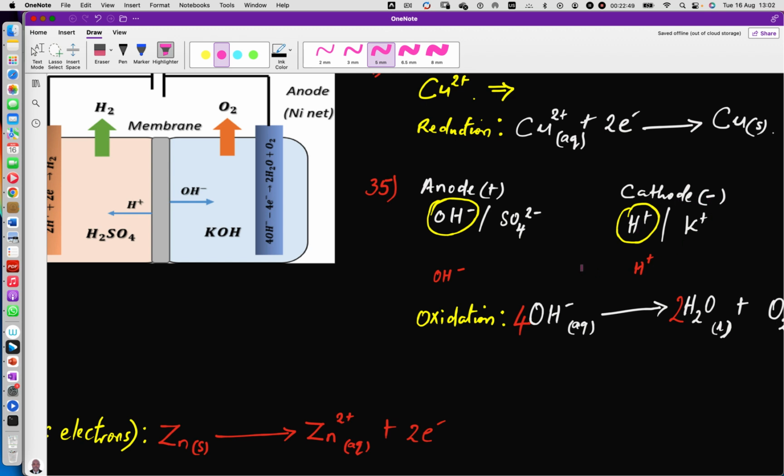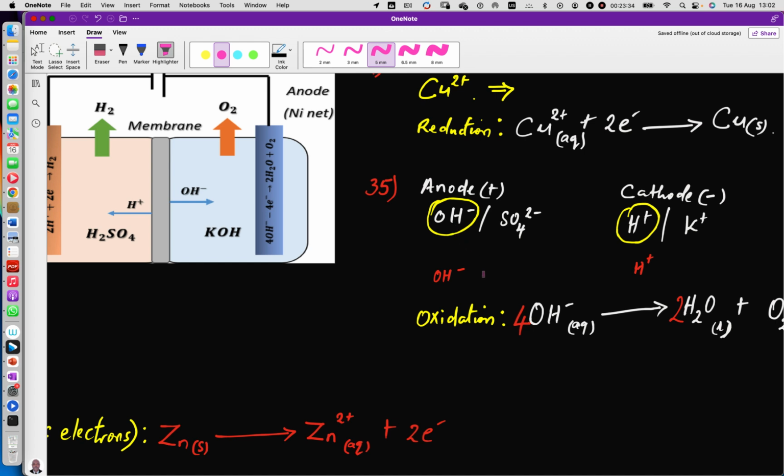Now we have sulfuric acid. When sulfuric acid dissociates, it will have hydrogen ion and the sulfate ion. The sulfate ion will go to the anode and the hydrogen ion will go to the cathode. In this case, if you look at the electrochemical series, among the anions, the OH ion is the least reactive.